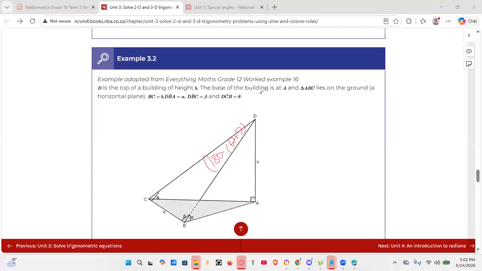D, the top of the building, the base of the building, that H, A, B, C lies on the ground. I want to justify why this is 90, because that is indeed a right angle triangle. If we look at connecting D to A in 3D, assuming that this is a 2D triangle, that's the only way that this sort of hollow structure makes sense.